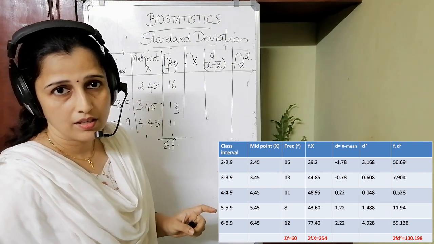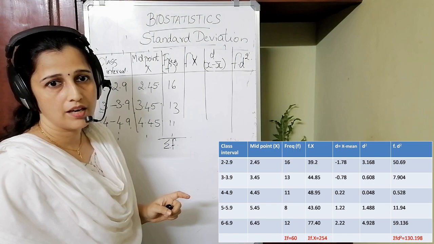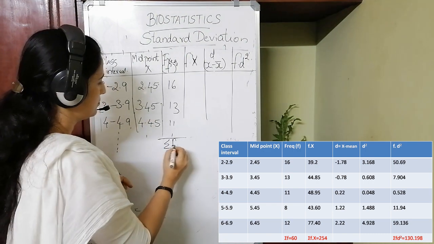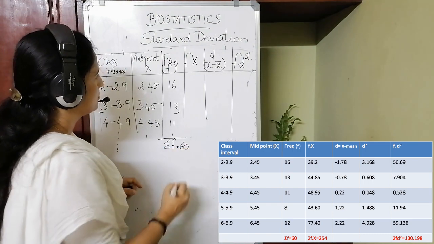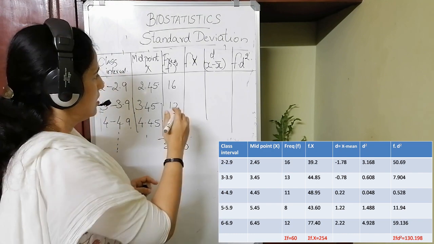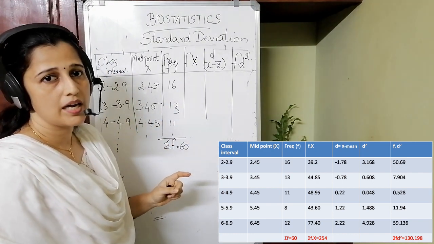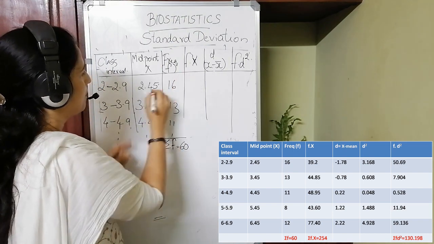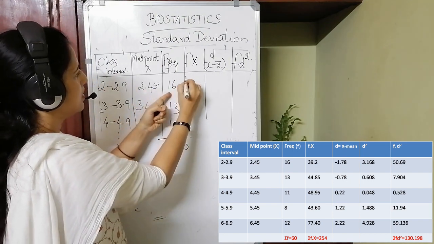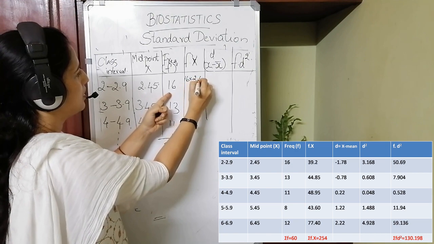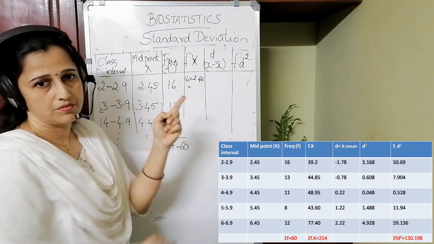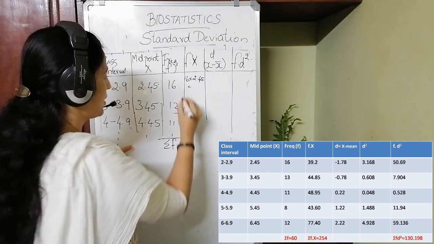So sigma f here is 60. Then next part is sigma fx. Sigma fx is this value here, 16 into 2.45, that is 39.2.